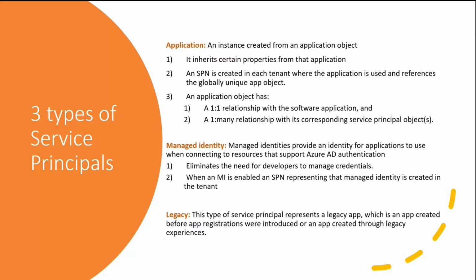If you want to use this application in a different tenant, a new service principal with some attributes of that application would be present in that tenant. Thus, you have a one-to-one relationship with the software application, and a one-to-many relationship with the corresponding service principals, because you can have multiple service principals for one application.